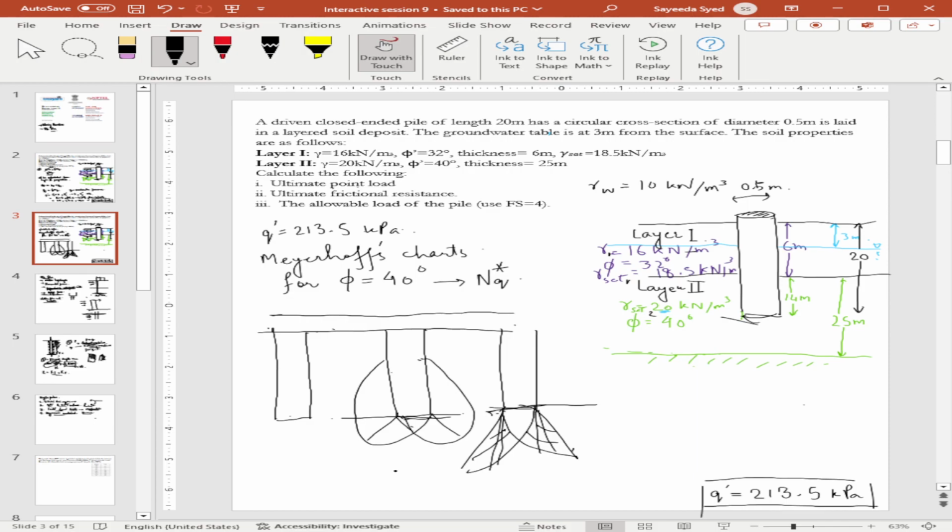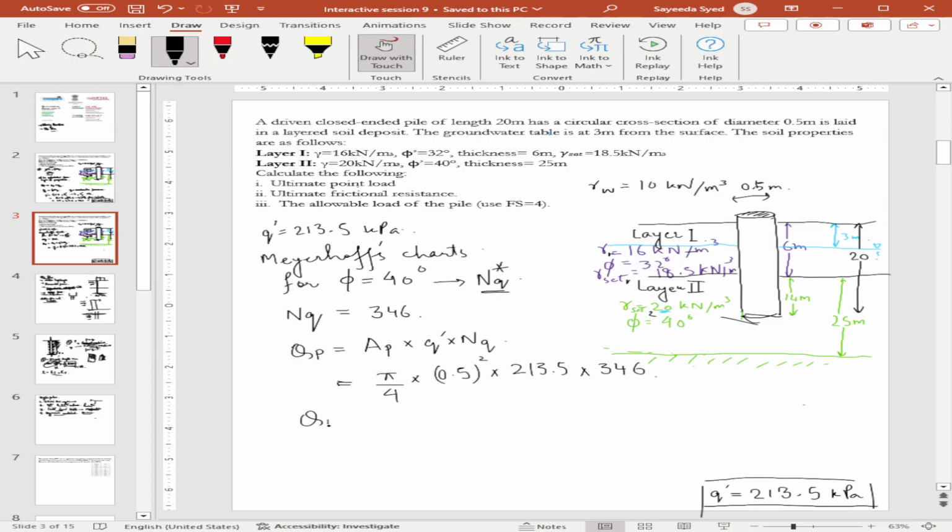So our QP equals 14505 kilonewton. So this is for QP. Now let's go to our QF.